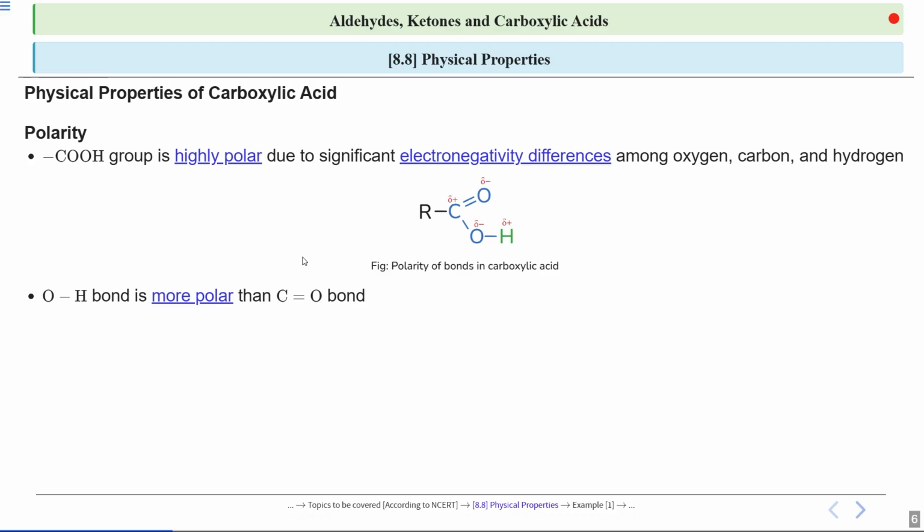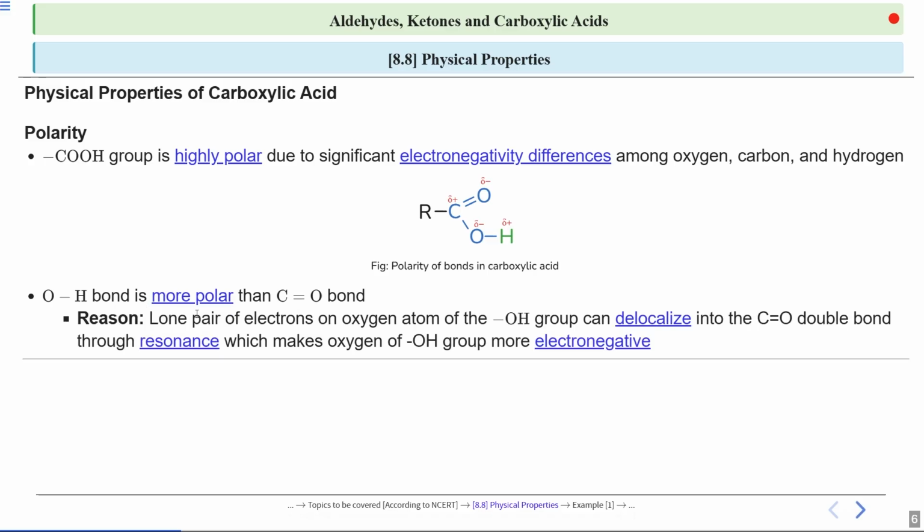Now if I talk about the OH bond, this OH bond is more polar than the carbonyl, which is the C=O bond. So what is the reason behind this? Why is this OH bond more polar? The lone pair of electrons on the oxygen atom in the OH group can delocalize into the C=O through resonance.